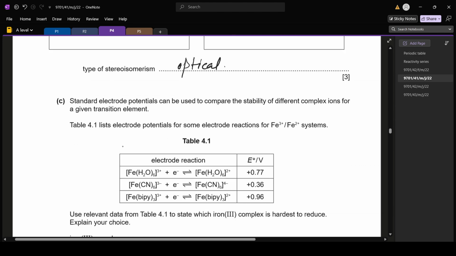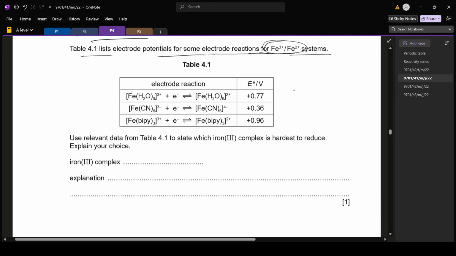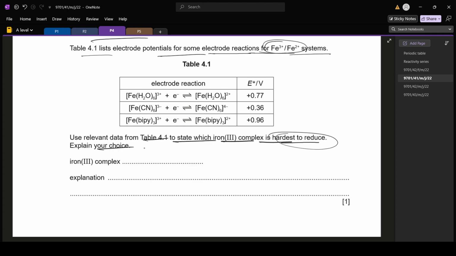Part C. Standard electrode potentials can be used to compare the stability of different complex ions for a given transition element. Table 4.1 lists electrode potentials for some electrode reactions of the iron 3 plus and iron 2 plus system. Use relevant data from Table 4.1 to state which iron 3 complex is hardest to reduce. Then your answer.